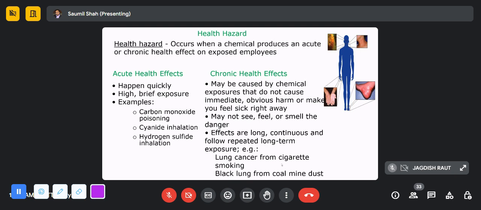You will find breathing issues or, depending on the chemical property, sometimes headache, blood pressure problems, or some metabolism change in your body, due to continuous prolonged exposure to that chemical in a small concentration or small dose. So it is called the chronic health effect, and over a period of time cancer can also be detected.